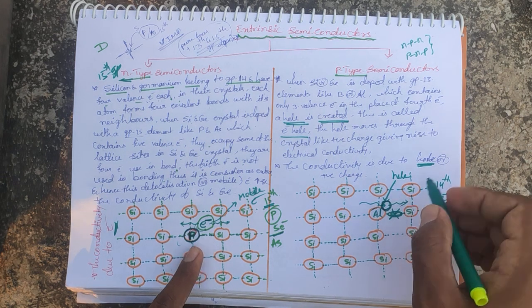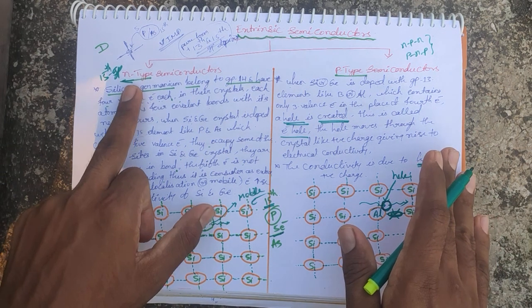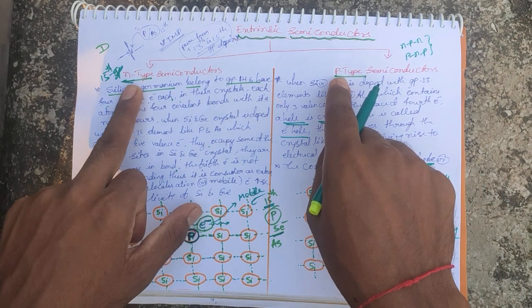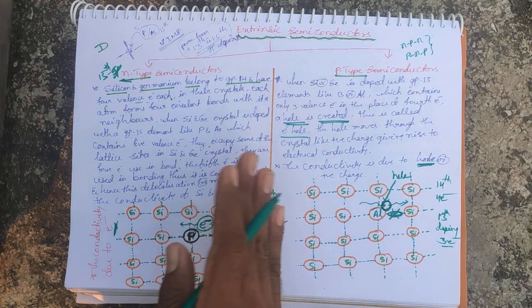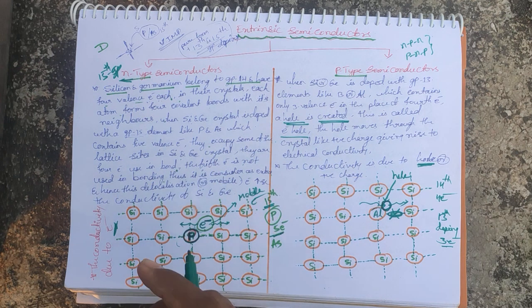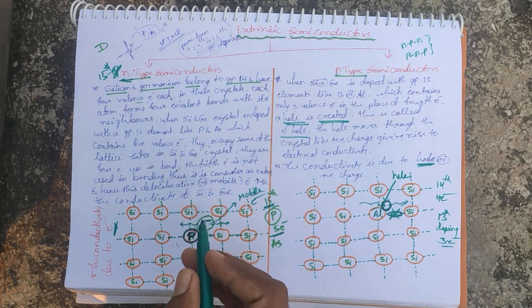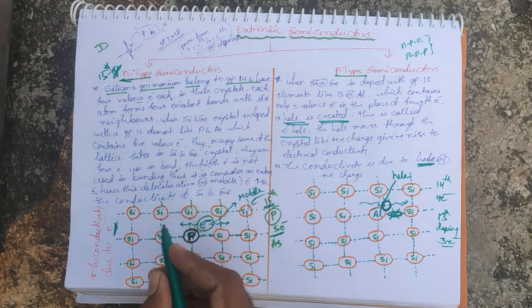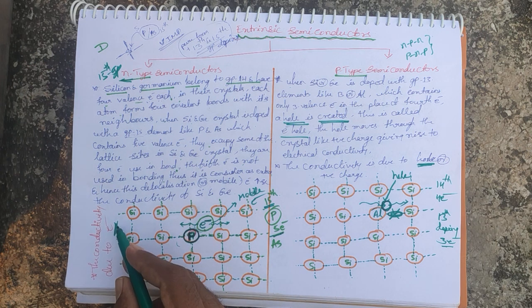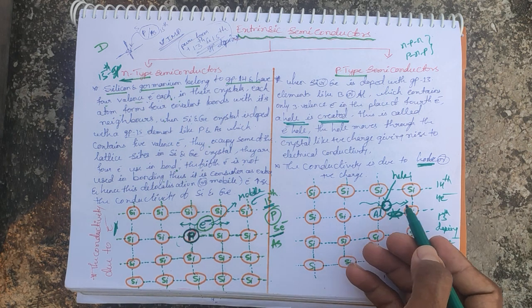Due to this hole, conductivity takes place. N means 15, P means 13. That much you have to remember, then it is easy to explain. This difference is also asked in the examination, dear student. Please remember, this concept is very easy and simple. Here conductivity is due to electrons, here conductivity is due to holes.